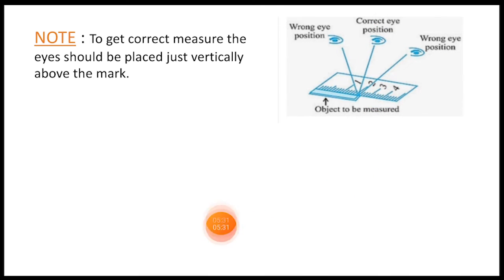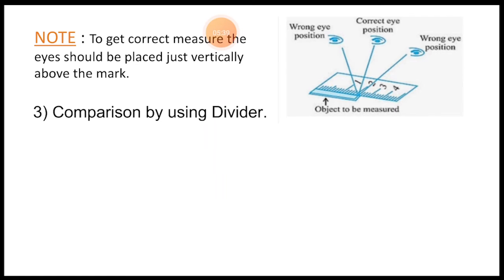So do you think there are any other ways to measure or compare line segments, children, or any different lengths? Yes, we have another way for comparison of given line segments or any length, that is by using a divider. Fine. So let's see this also.